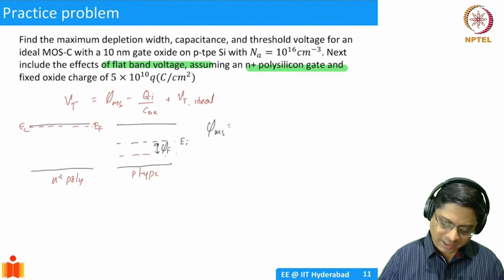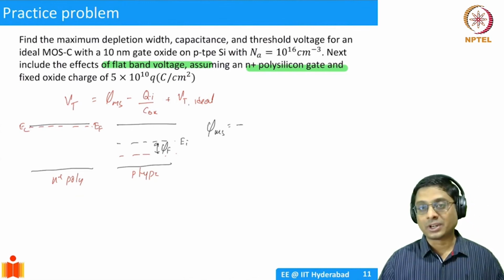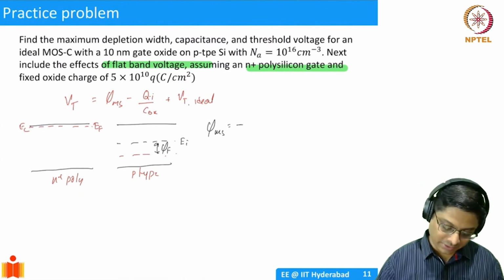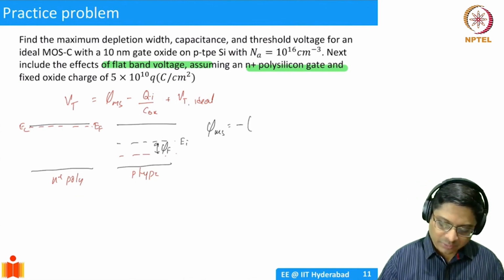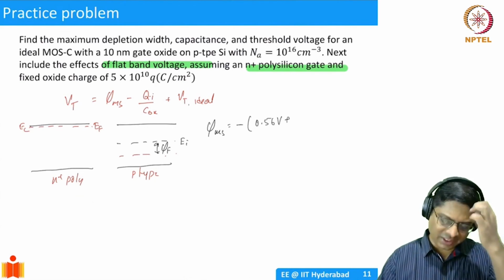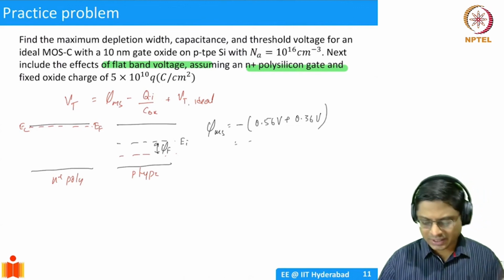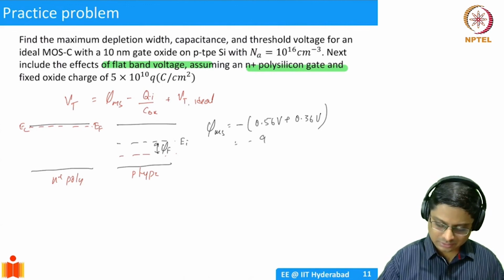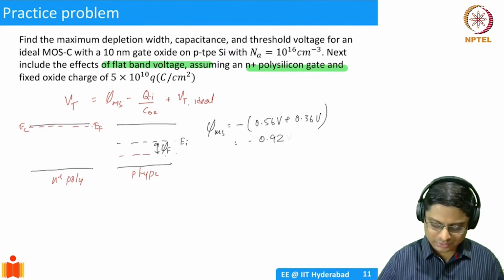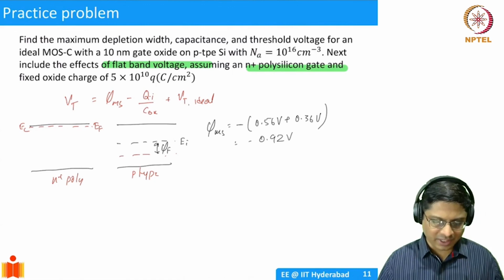Phi ms is going to be negative because phi m is smaller than phi s. Eg by 2, which is 0.56 volts, plus phi f. Phi f in this case was 0.36 volts. So minus 0.92 volts. This is going to be my phi ms.